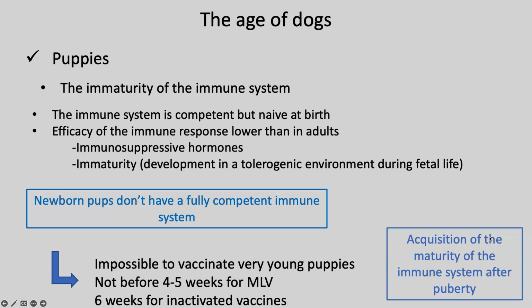The last point is to remember that the immune system acquires maturity more or less around puberty. After puberty, we have an immune response that is equivalent to the adult.